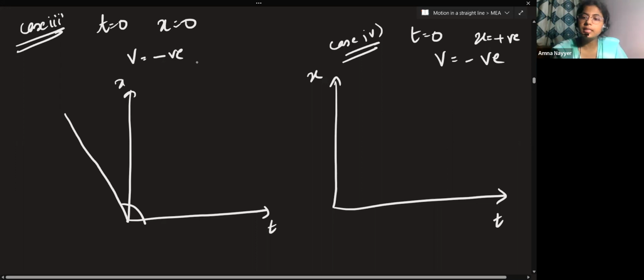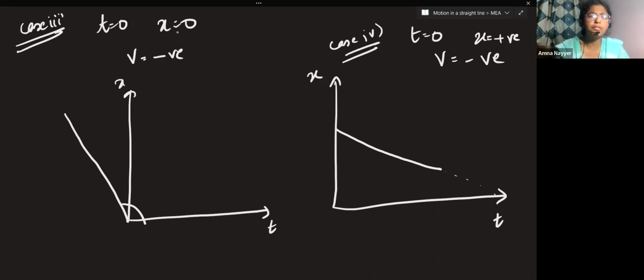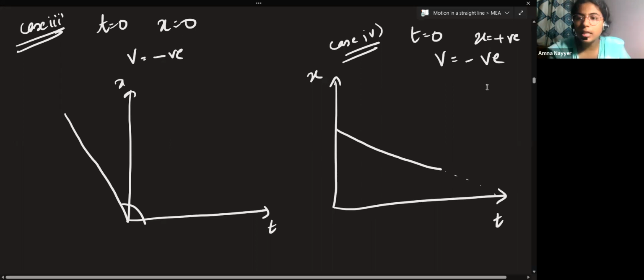So time is 0 and x has a certain value, so we have to start from here. Now this was the increasing slope. Remember, here the slope is decreasing. So this will be the slope, a decreasing slope like this. And you can extend to check the angle. Clear? So these kinds of different cases are there. Clear to all of you?